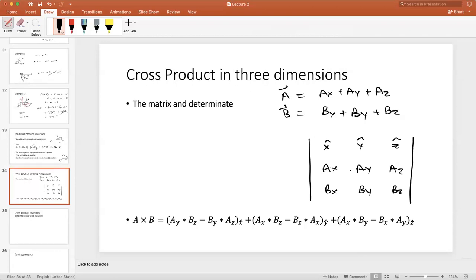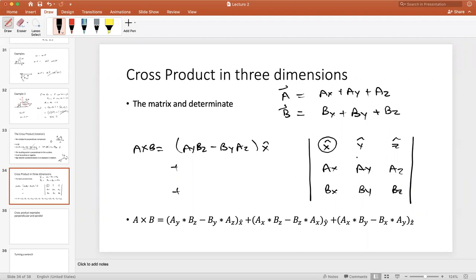And then when I do a determinant, which is the cross product, you take the first, this first, and then you take the cross of these two. So I would do AY times BZ minus BYAZ, and that gives me my X hat coordinate. And then I add it. I'm going to do these for Y. I basically block off these two and I do AXBZ, BXAZ.